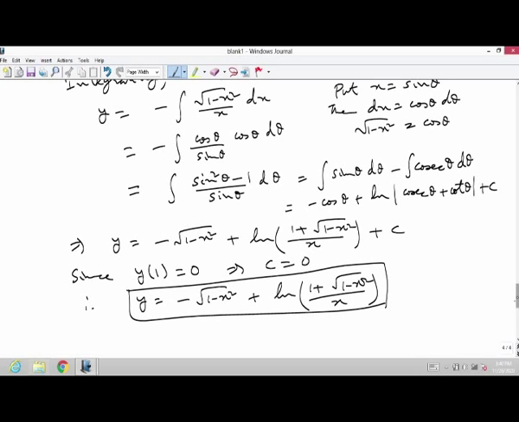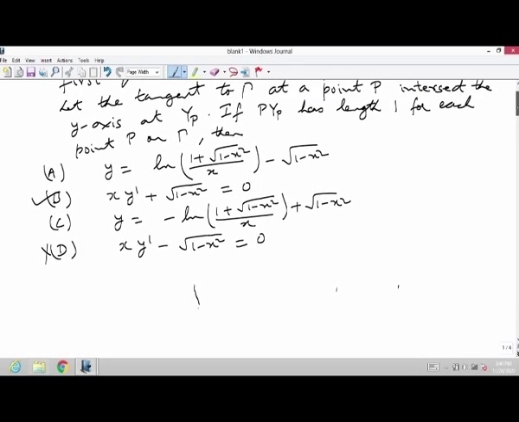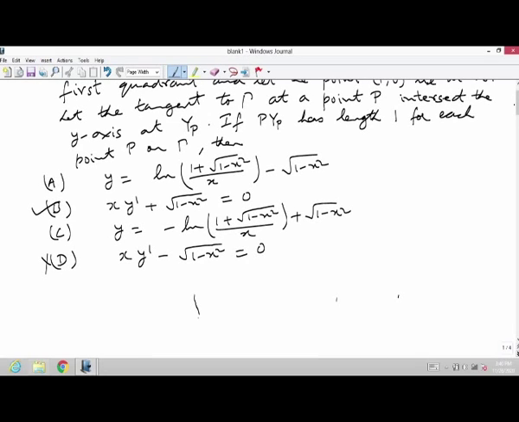So, if we go back to the options, then we see that option A is correct and option C is incorrect. So, note that in this problem getting the differential equation was not difficult and also integration was not difficult. The only tricky part was to notice that only one of the signs of dy/dx is possible. If you are not careful about that, then you might think that all the options are correct.